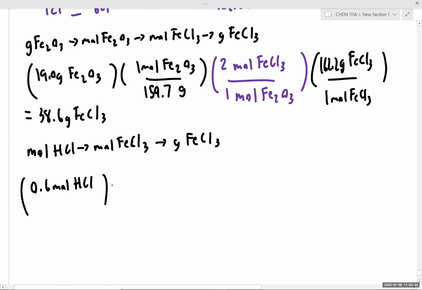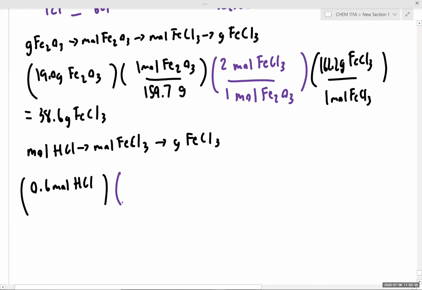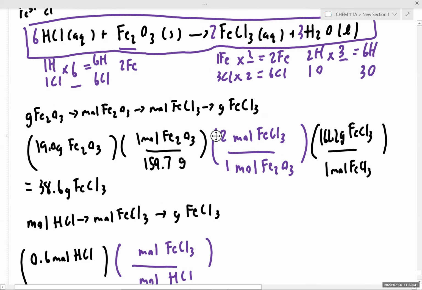Let's find our mole to mole ratio. How many moles of iron 3 chloride do we produce per mole of hydrochloric acid consumed? Looking at our chemical equation, what's our mole to mole ratio?